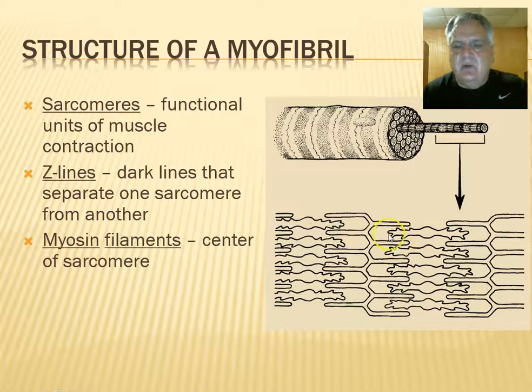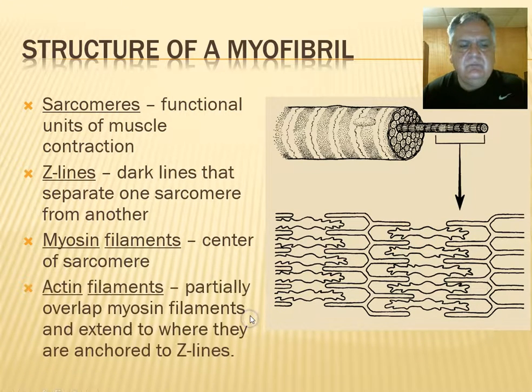Now, in the center of the sarcomere, we're going to find our thicker myofilament, and that thicker myofilament is referred to as myosin. So they're positioned in the center of the sarcomere. And then overlapping the myosin, we see these thinner filaments. They partially overlap the myosin filaments, and they extend to where they are anchored to the Z line.